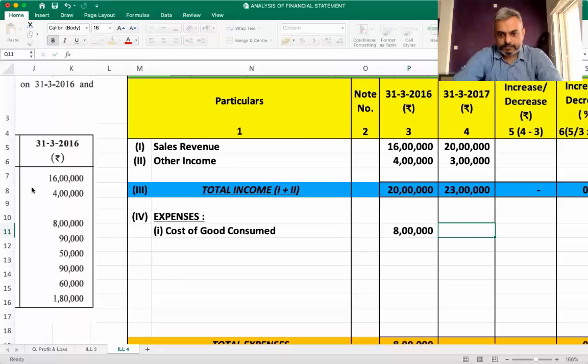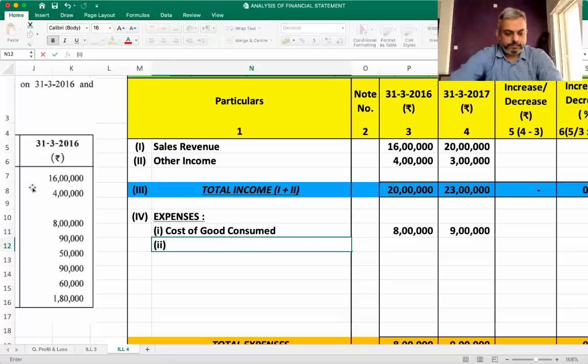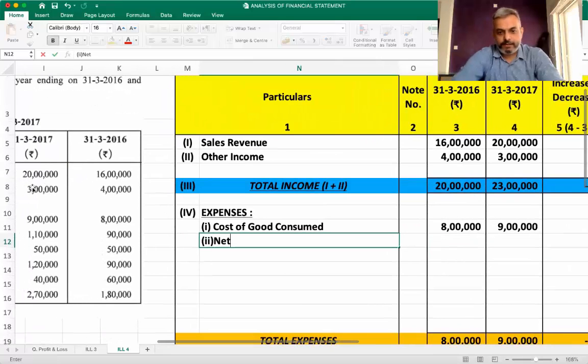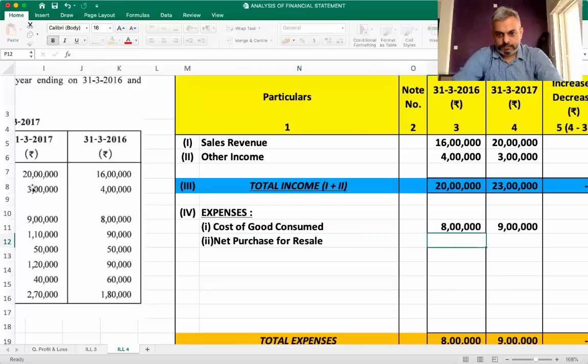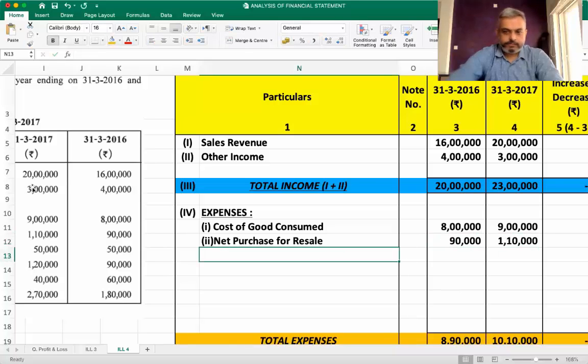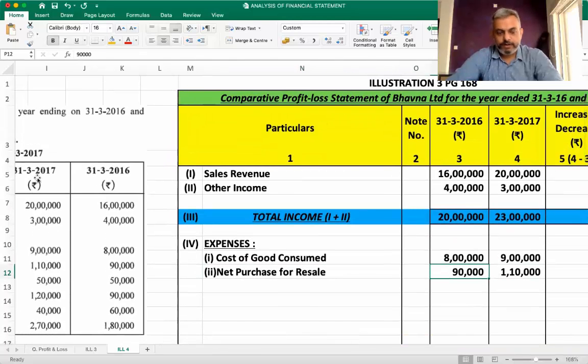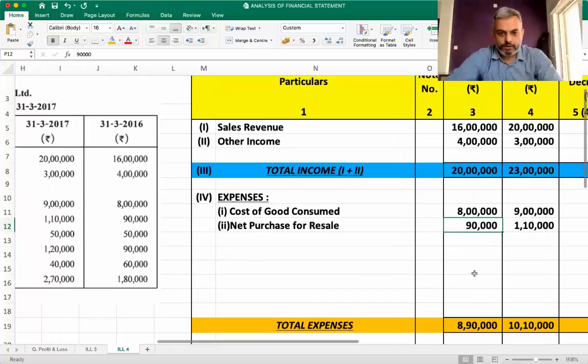Second, net purchase for resale, 90,000 and 1 lakh 10,000. Please be careful about this. Over here it is 1617, over here it is 1716. So please be careful. When you read the question, you start reading from left to right. So 16 first and then 17 later, and accordingly you can write over here.